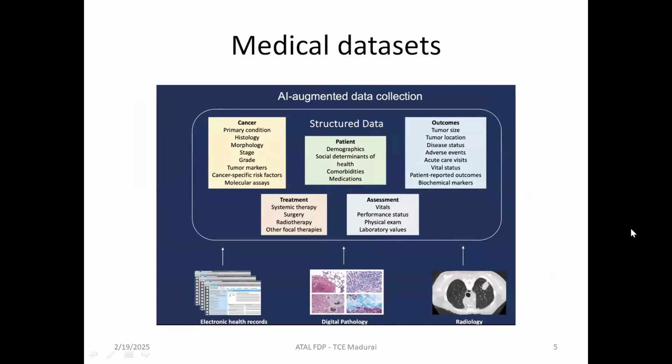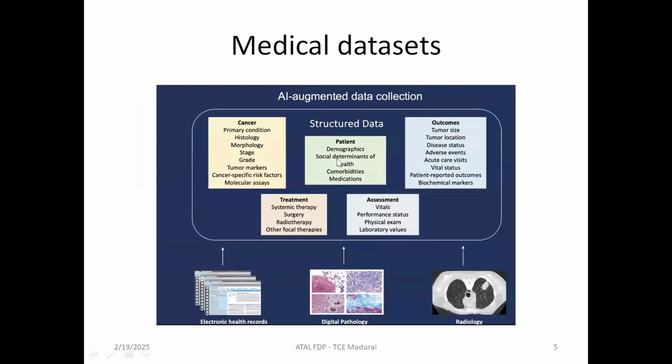If we take any specific disease, we are supposed to take the primary condition of the disease. We should take the histology, morphology, what stage and what grade it belongs to, and molecular biopsies. For a particular disease, we should come up with various information when dealing with clinical datasets.